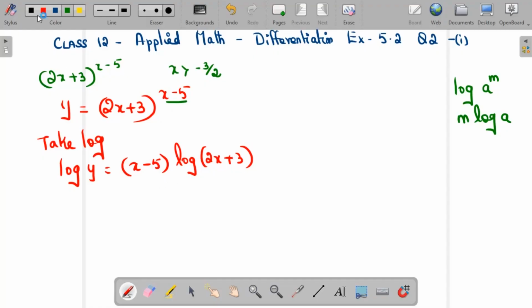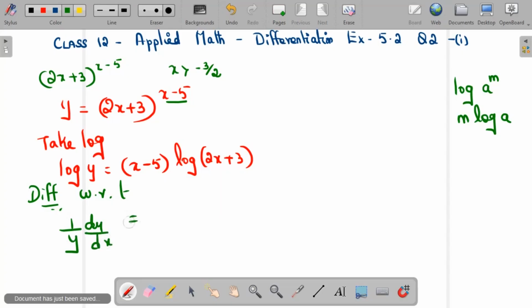Now you can start to differentiate on both sides. So differentiating with respect to x, the left side will become (1/y) dy/dx is equal to, now here this is going to become a uv, where u is x - 5 and v is log of (2x + 3).